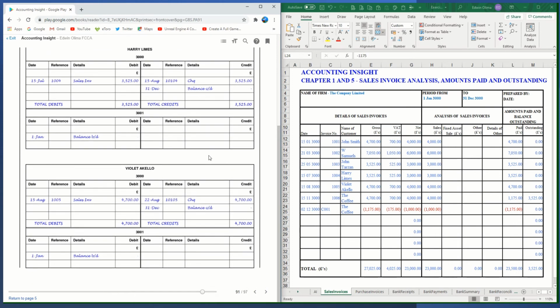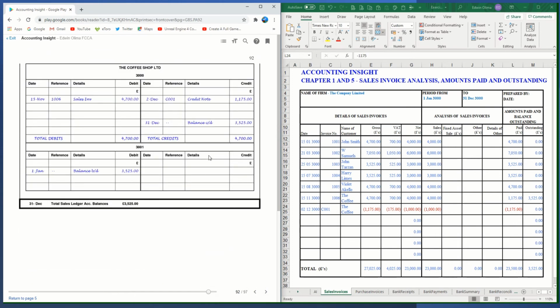I'll just show you what's happening with the Coffee Shop Limited, because that one had a credit note instead. So we had the sales invoice for 4,700, so we debited his account. Then he returned one computer and we credited his account. So you can see the credit note there, 1,170.